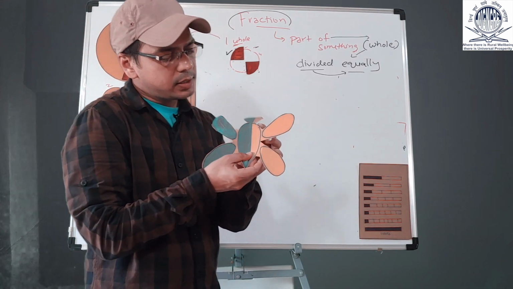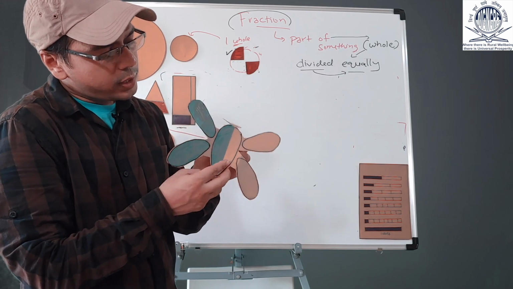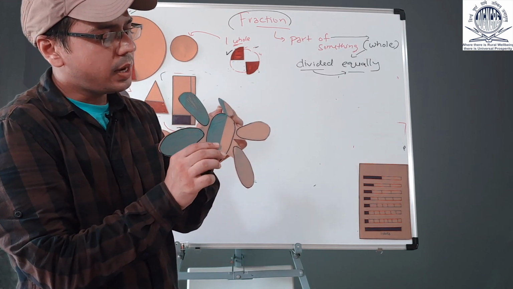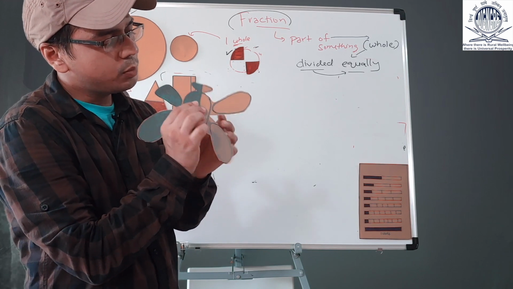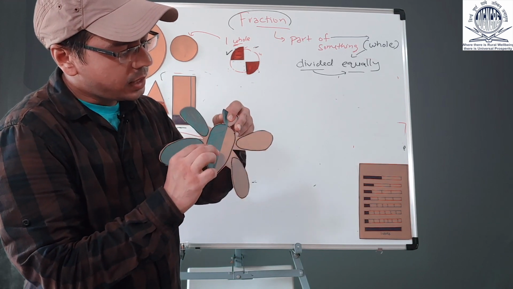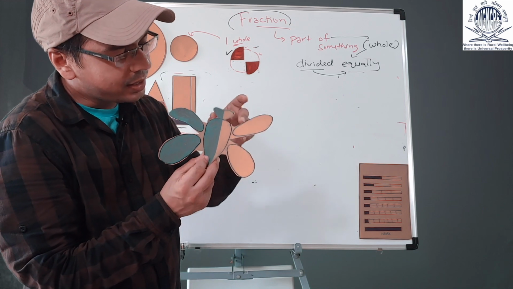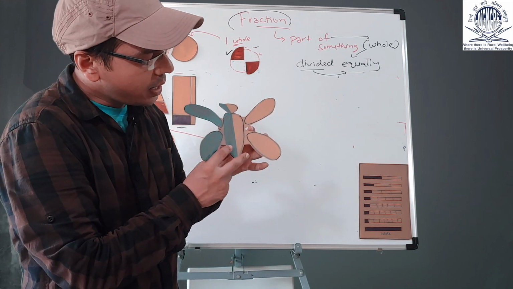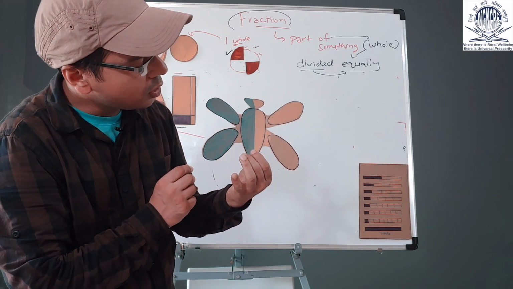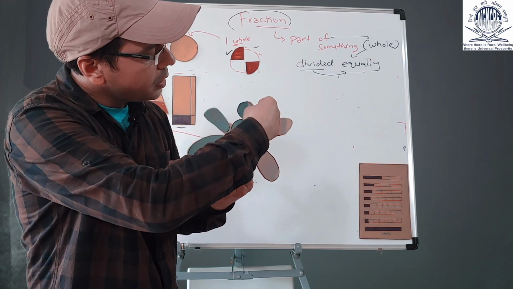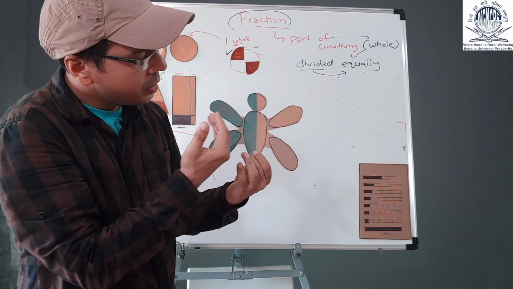And why I say this is a toy, because whenever I touch it, it becomes very live. I mean, see, this thing is not stable, it keeps on moving, and probably that's why it's a toy. Now, why I actually want to understand if this is a fraction or not is because they are being divided into a certain area.